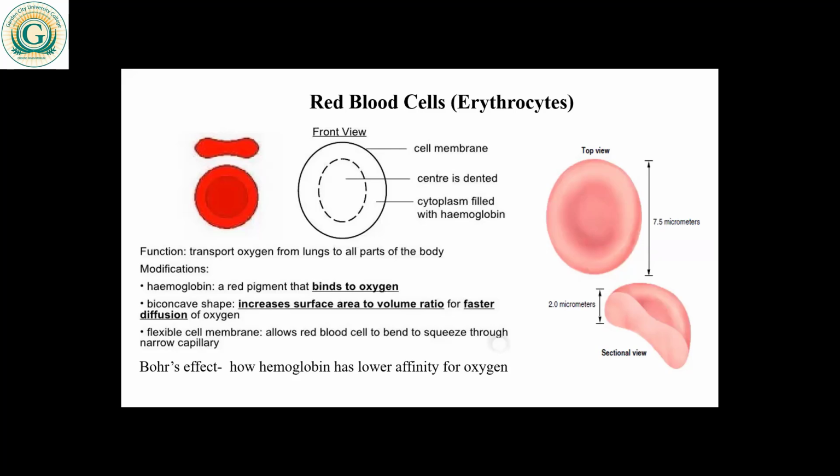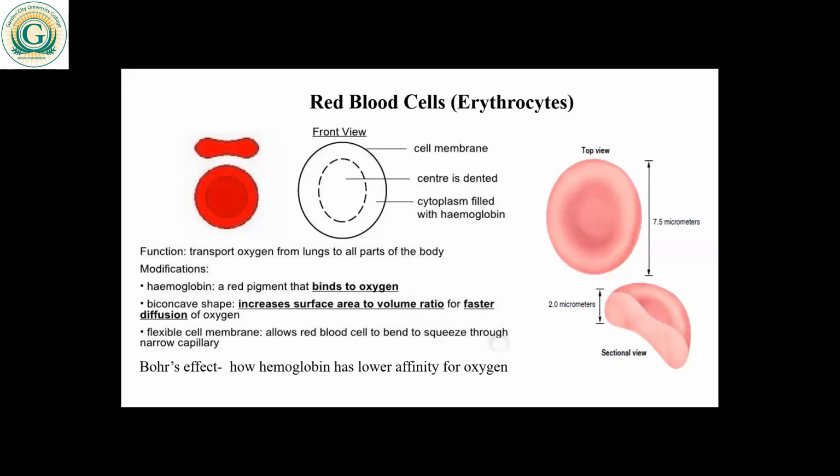Therefore, when you find yourself in a polluted environment with an atmosphere made of carbon monoxide, carbon dioxide, all these waste gases, as air enters your lungs, red blood cells will pick up carbon dioxide instead of the oxygen you have.